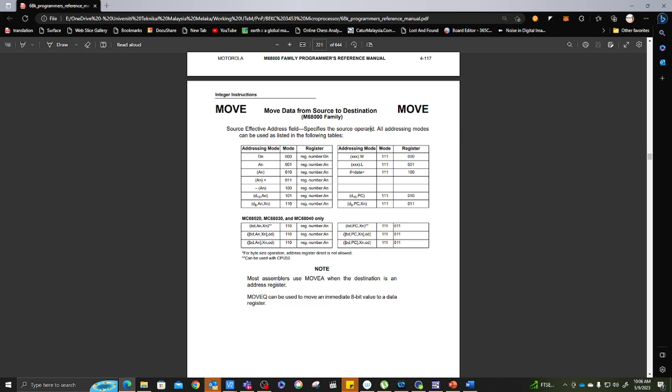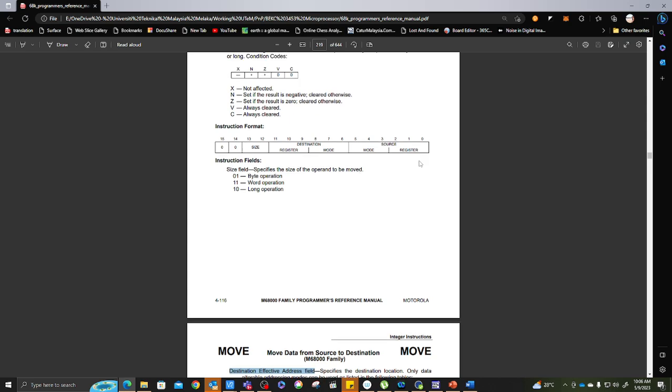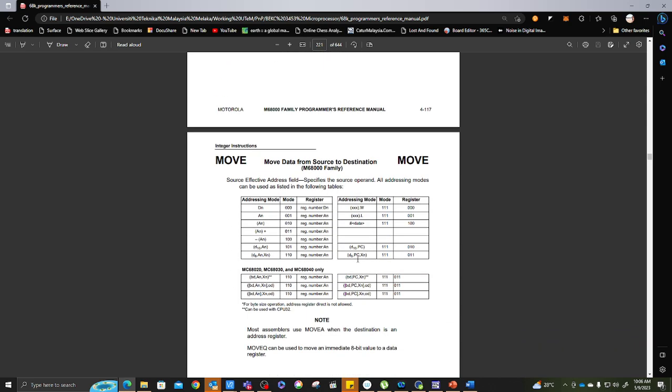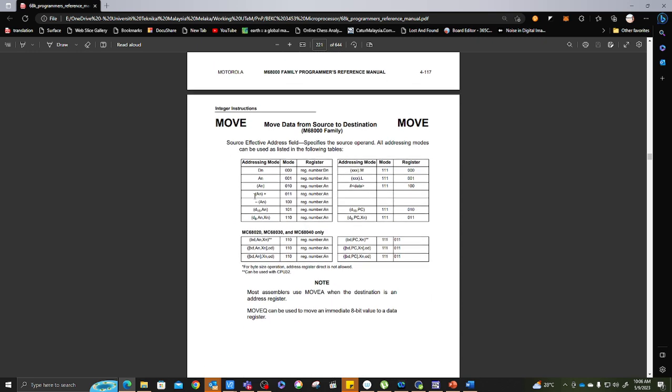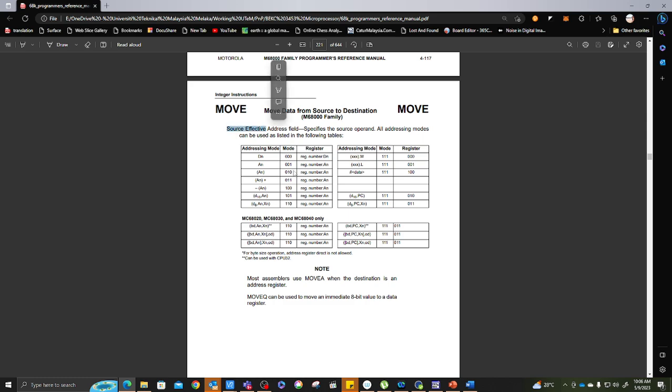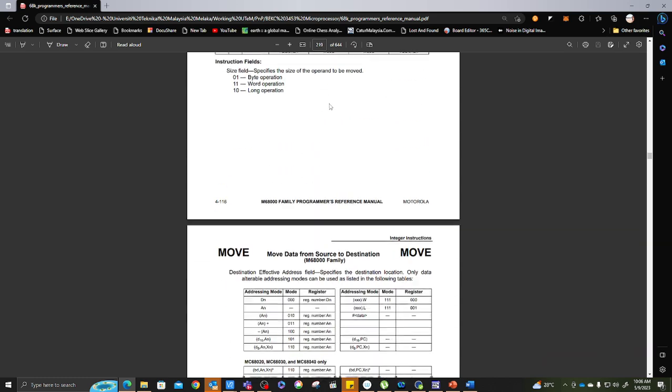It specifies the source operand. All addressing modes can be used, as listed in the following tables. For the source field, you refer to this table, not the other one. So for destination, use this one, and for source, use that one.